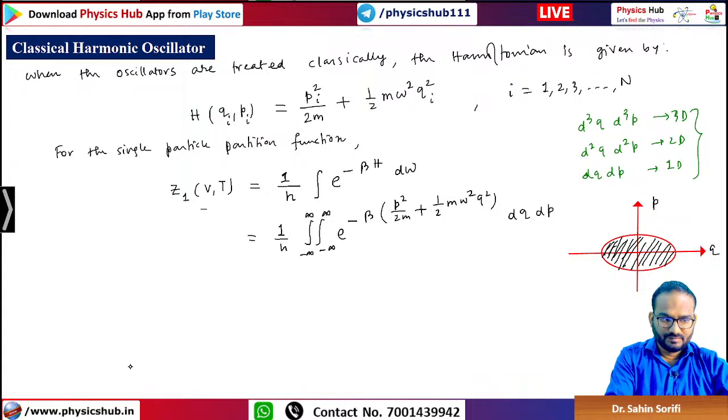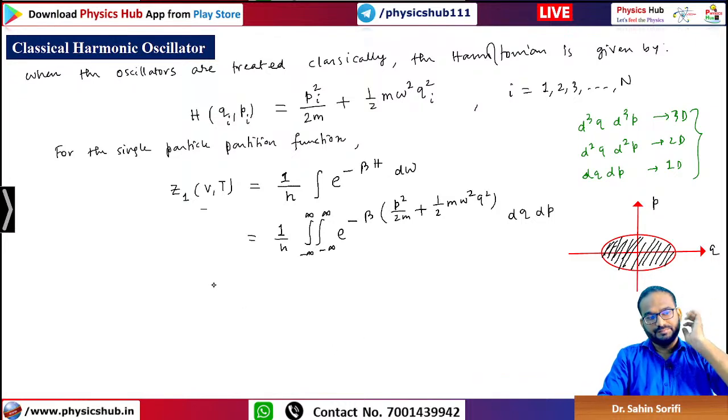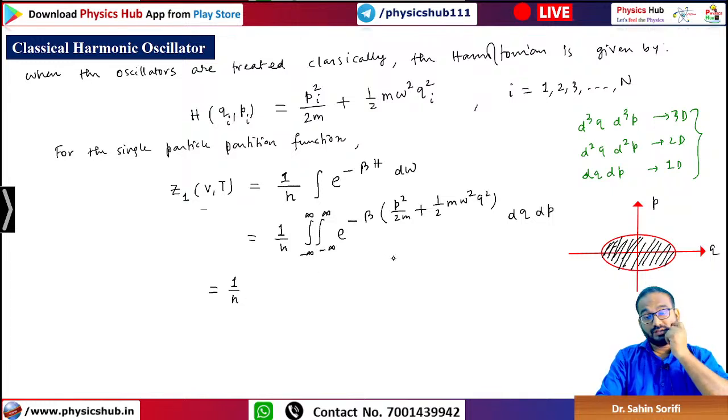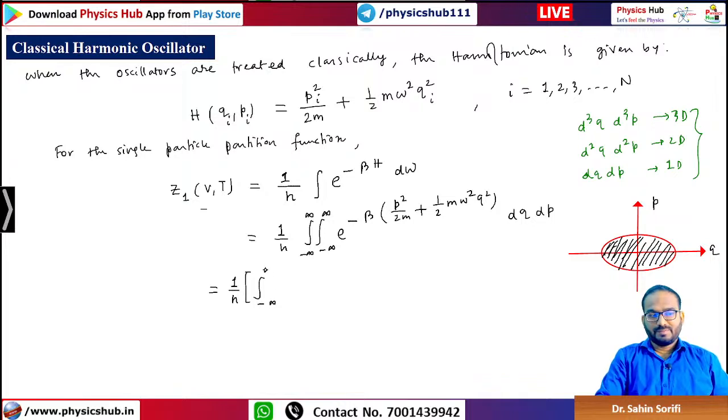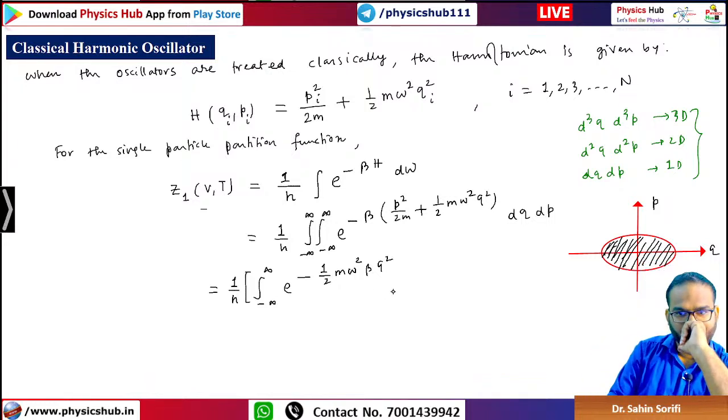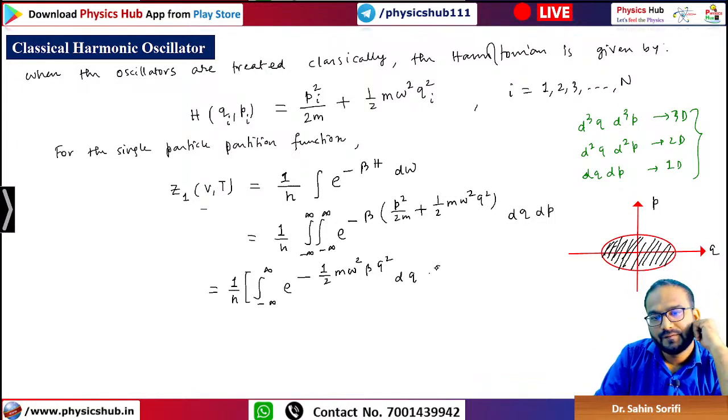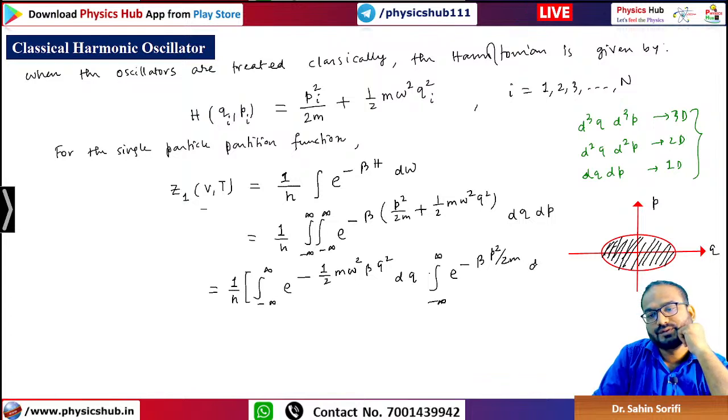No issue? So let's just separate the quantities for q and p. Integral from minus infinity to plus infinity of e to the power minus half m omega square beta q square dq, and integral of e to the power minus beta p square by 2m dp.